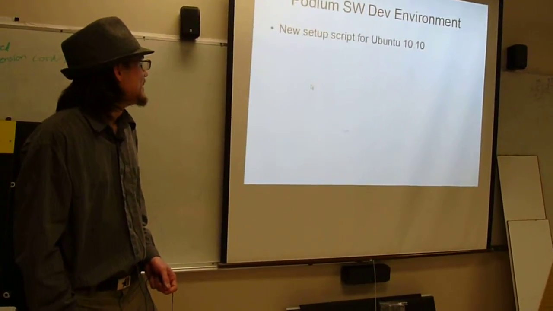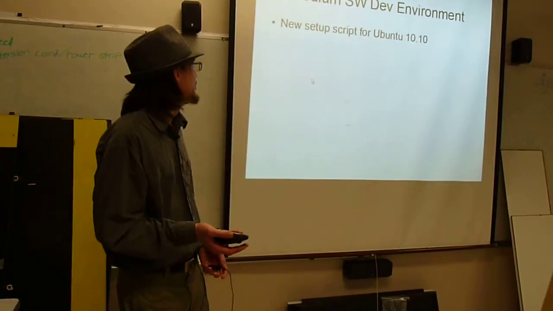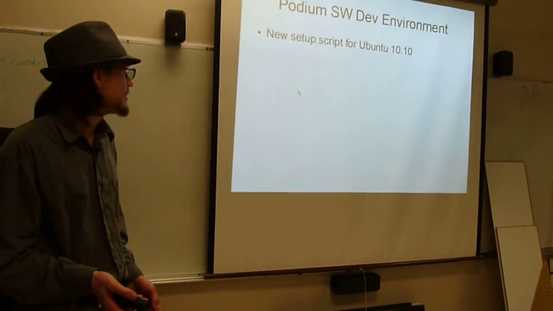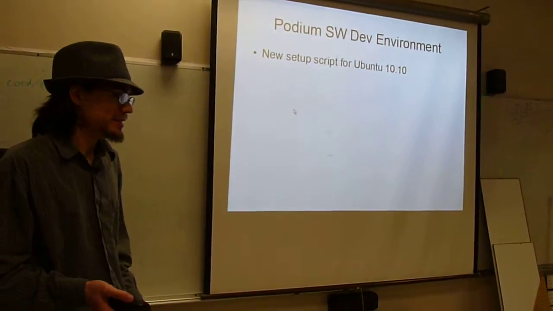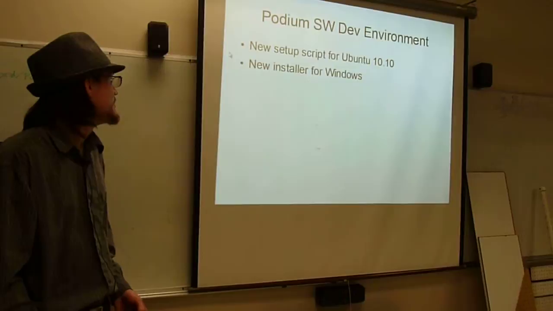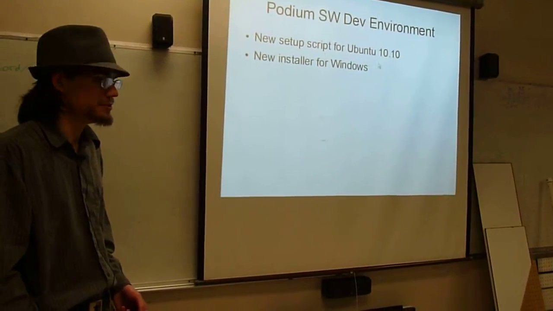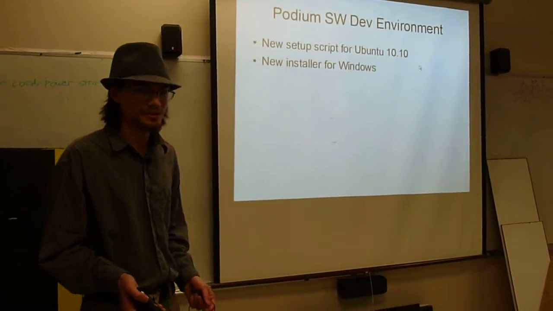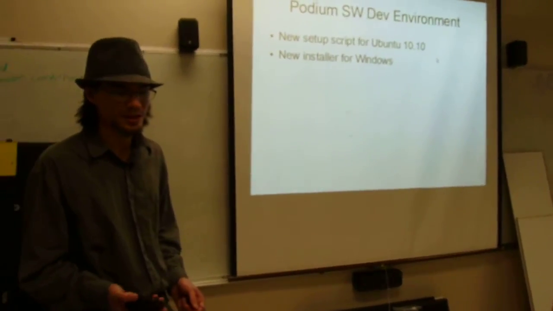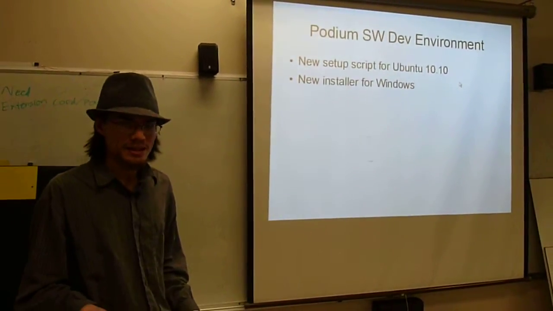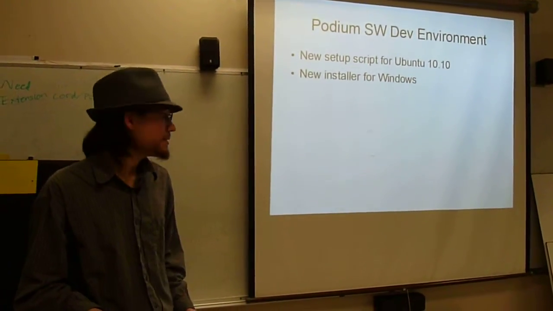Okay, so for the Podium software development environment, I worked on getting it stabilized for both Ubuntu and Windows. I made a setup script for Ubuntu 10.10, which makes it very simple to set up your environment. You just have to download a tar file and a shell script and execute the shell script, and it automatically sets up your entire development environment.